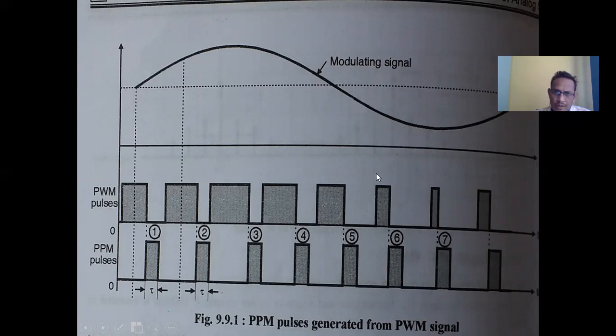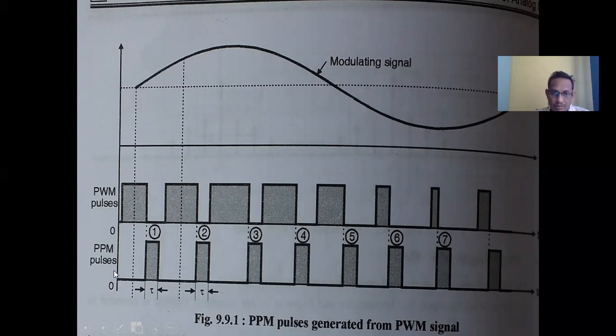Then from the pulse width modulation, I can generate the pulse position modulation. As per the definition of a pulse position modulation, the high frequency carrier pulse is changed in accordance with the amplitude of the modulating signal by keeping amplitude and the width constant. That means in this case, width is constant, but in case of pulse width modulation, the width is variable and will be changed according to the amplitude of the modulating signal.